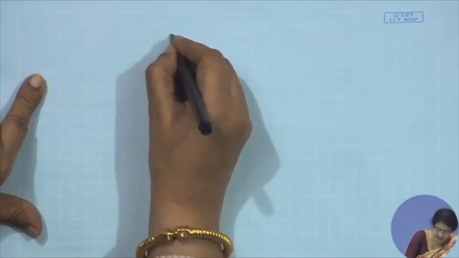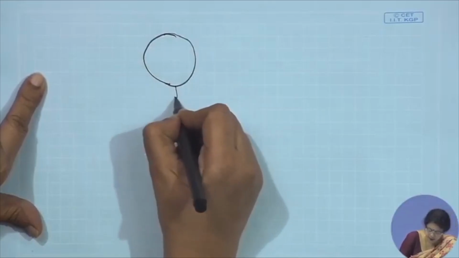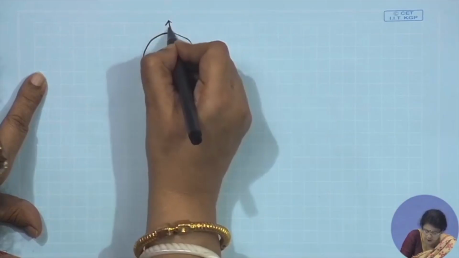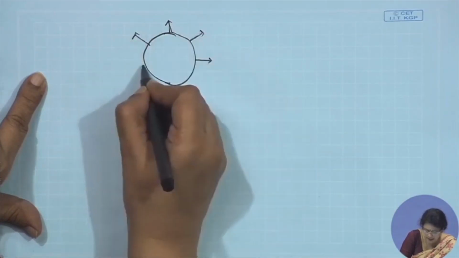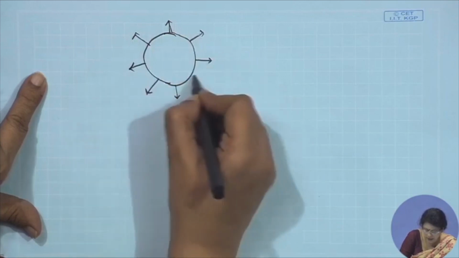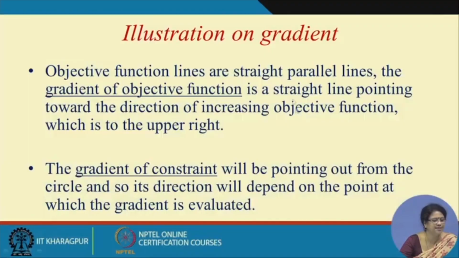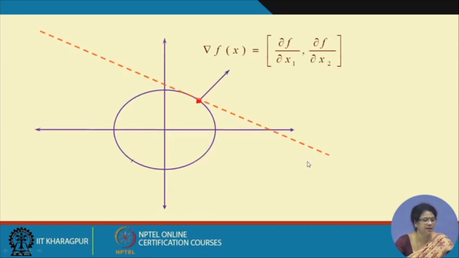That way I can say, if this is the circle, at this point this is the gradient, this is the gradient, that should be the normal. This is the gradient, this is the gradient, this way. Understood? Okay.